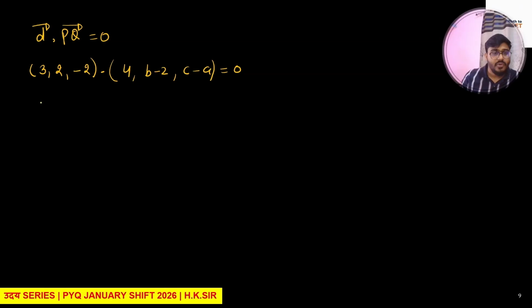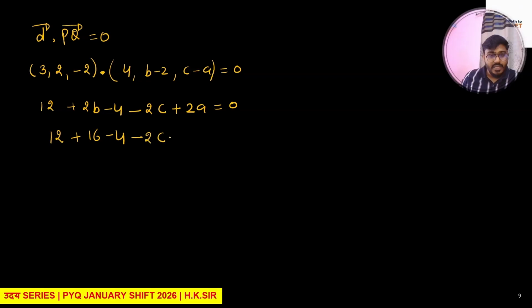So 3 into 4 is 12, plus 2 into (b minus 2), and minus 2 into (c minus a), so minus 2c plus 2a equals 0. Since b is 8, you can put the value of b: 12 plus 8 is 16... 16 minus 4 minus 2c plus 2a equals 0.